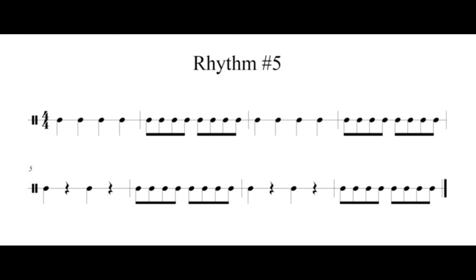Now that we have counted through and tried counting together out loud, let's try playing together.